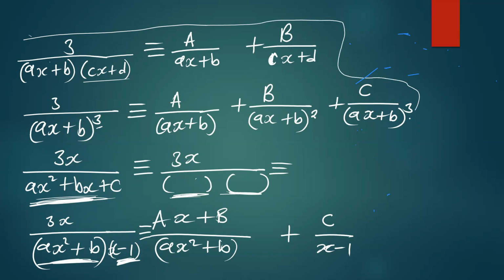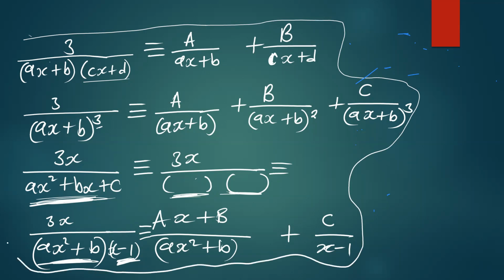What I've explained here is only applicable when the degree of the numerator is less than the degree of the denominator. When you check the degree of the numerator for this first one, it is 0. For this one, the degree is also 0.